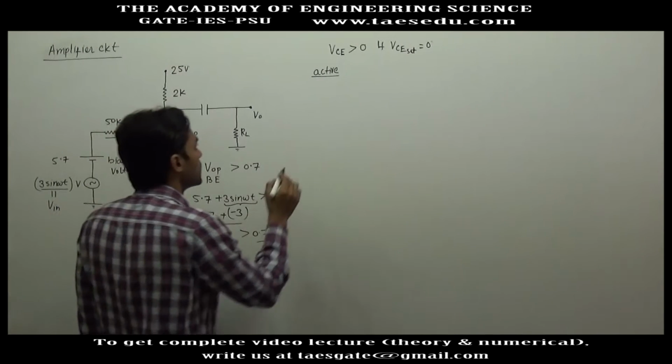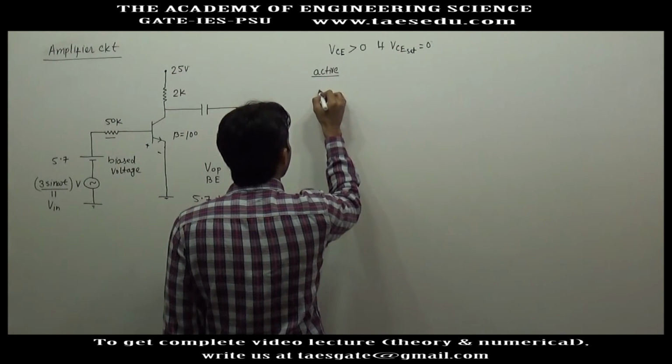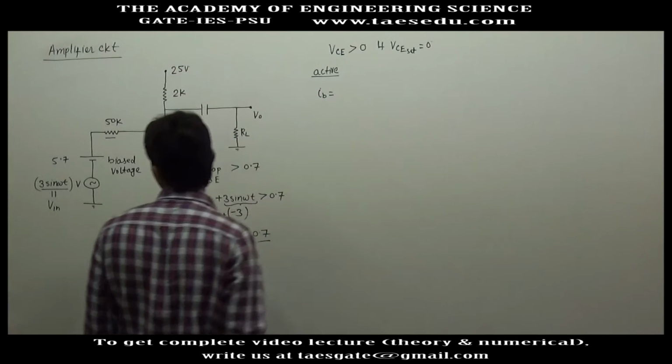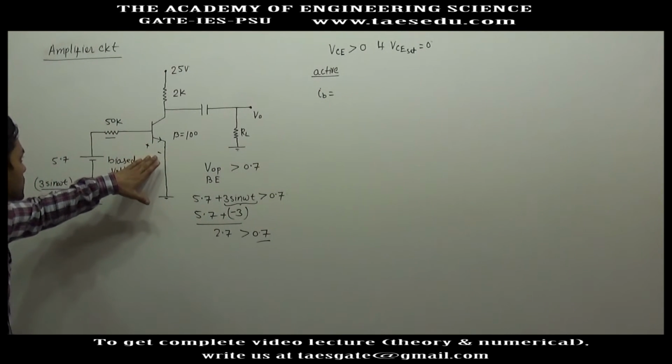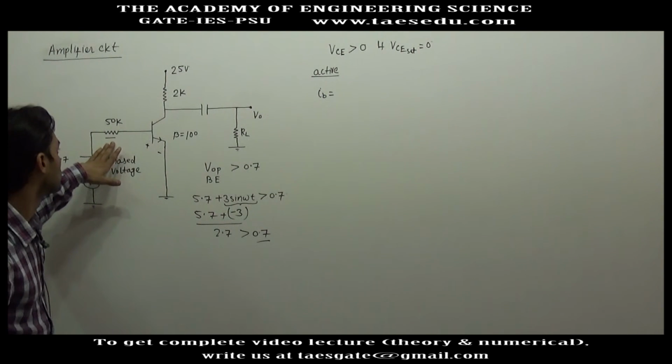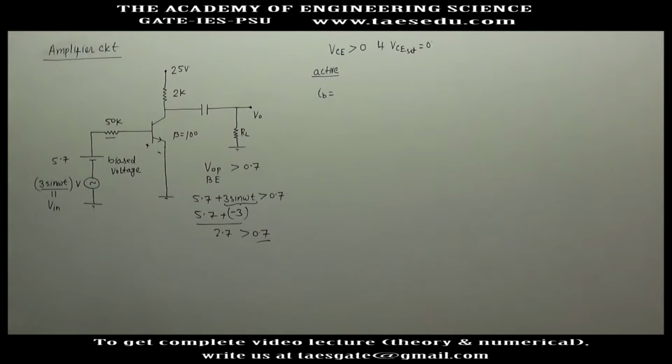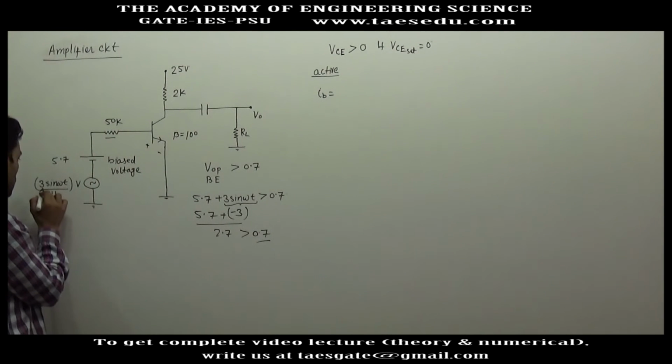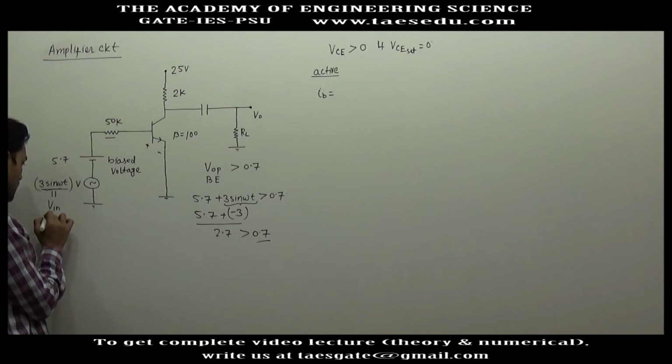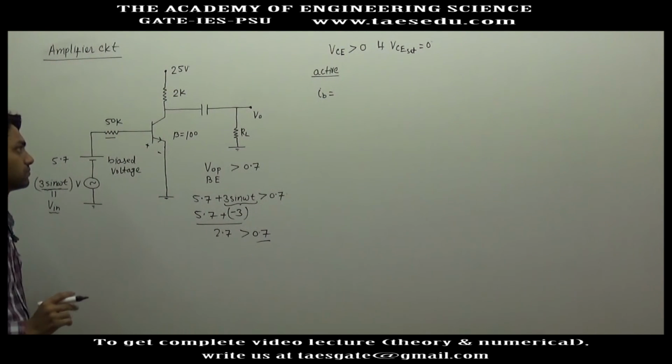So first let us find out the value of IB. What will be IB? This voltage minus 0.7 divided by 50 kilo ohm. Instead of taking V input as 3 sin omega t, I am taking it as V input only.